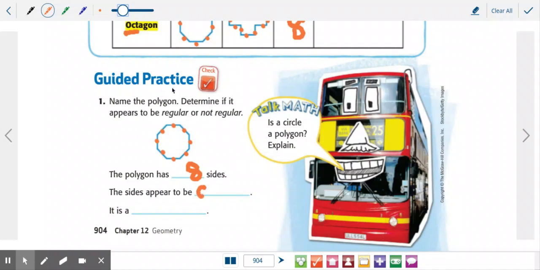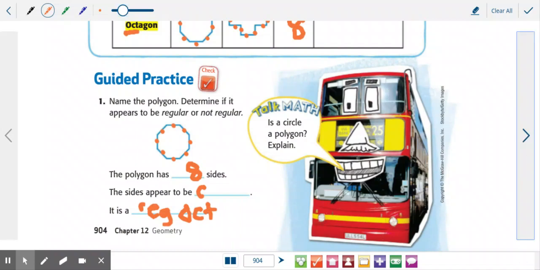And I would say yes. And so this would be a regular, I'm not going to write this all out since I'm having pen issues, but this would be a regular octagon. You guys know what I want you to write there, right? It's a regular octagon.